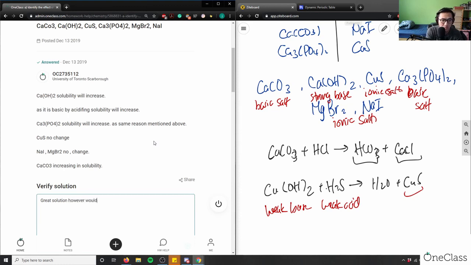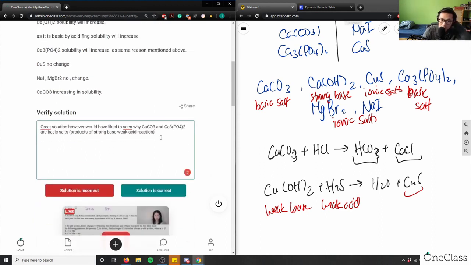However, I would have liked to see why CaCO3 and Ca3PO4 are basic salts, products of strong base, weak acid neutralization reaction. Therefore, increased solubility when acidified. So yeah, the solution here is correct.